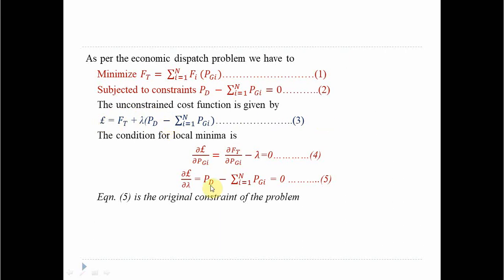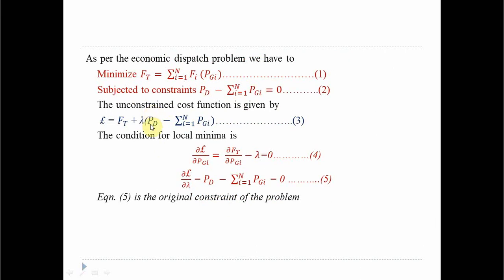Now this is partially differentiated with respect to Pgi, and partially differentiated with respect to lambda. When you partially differentiate it with respect to Pgi, you will get dou Ft by dou Pgi minus lambda is equal to 0.